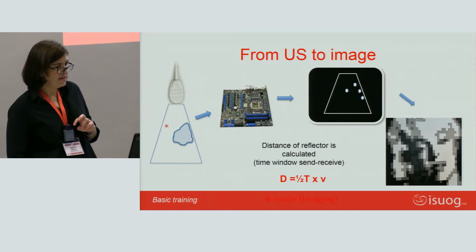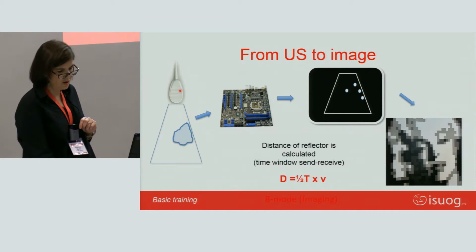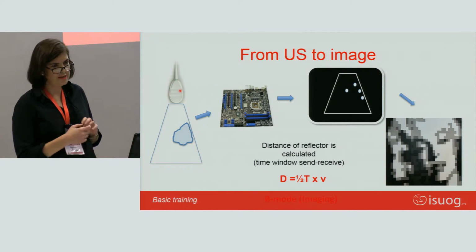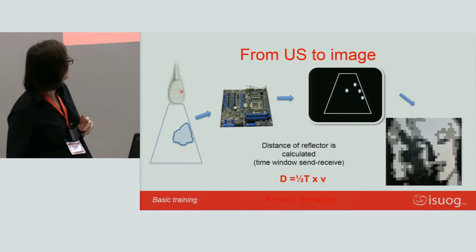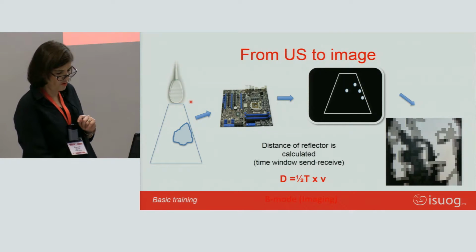And nothing is being received by the probe because nothing is being reflected. Here is another signal being sent to a structure in a fragment of tissue or a rock or a kidney stone, and that sound is being reflected by that structure, and the probe receives a signal.